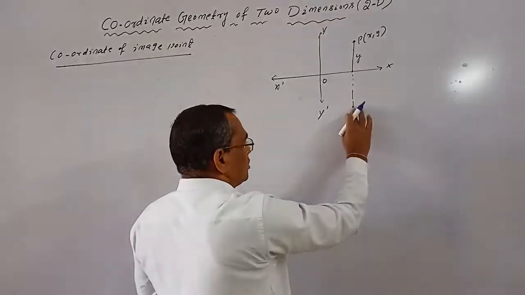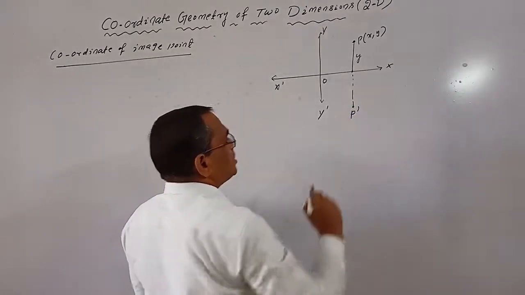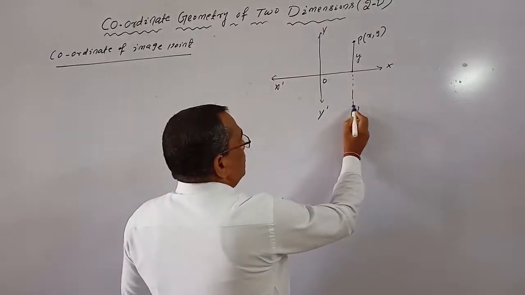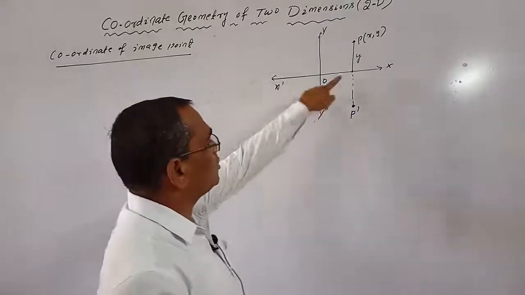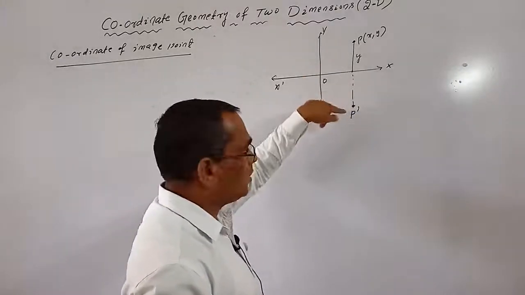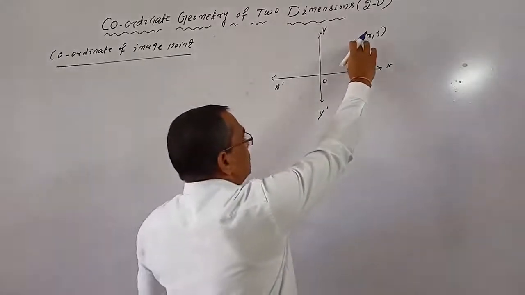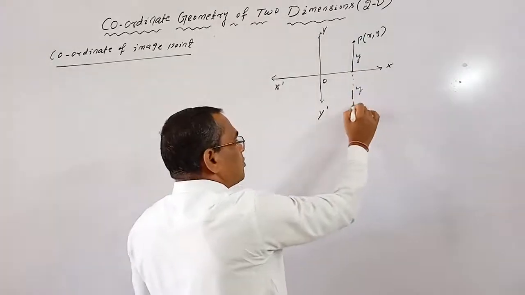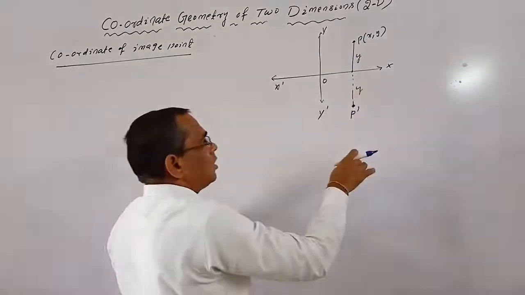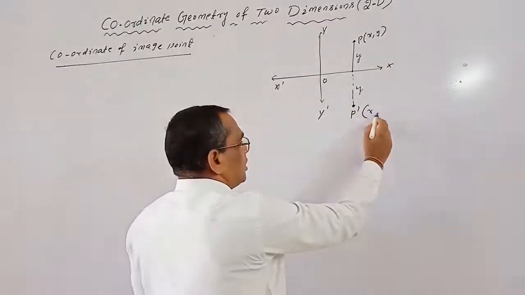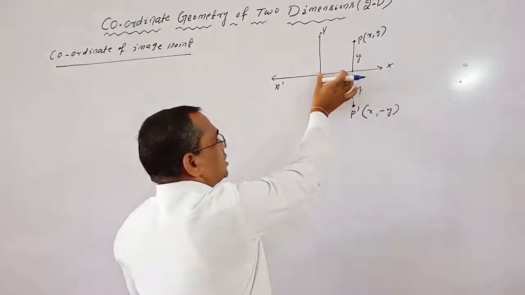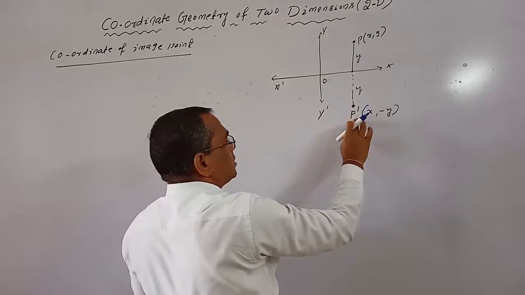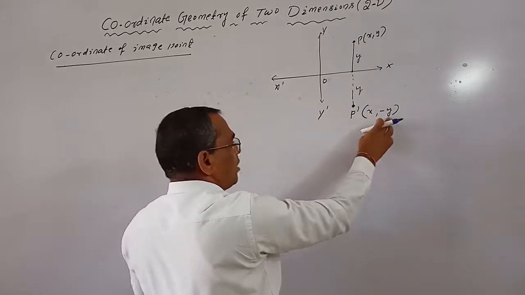Suppose this image point is P dash, because the x-axis must be the midpoint of P and P dash. Its distance from the x-axis is also y, but this point P dash lies in the fourth quadrant, so its coordinate must be x comma minus y, because this distance is x and this one is y.